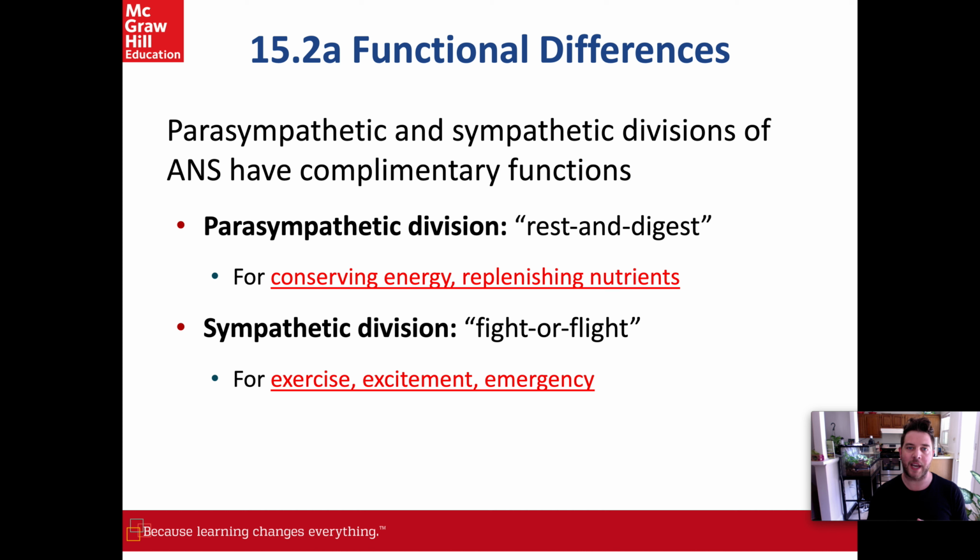Your parasympathetic is what's normally bringing your body back down to a level that is the rest and digest, so you're conserving energy and replenishing nutrients, whereas your sympathetic is going to be more for fight or flight, exercise, excitement, and emergency.